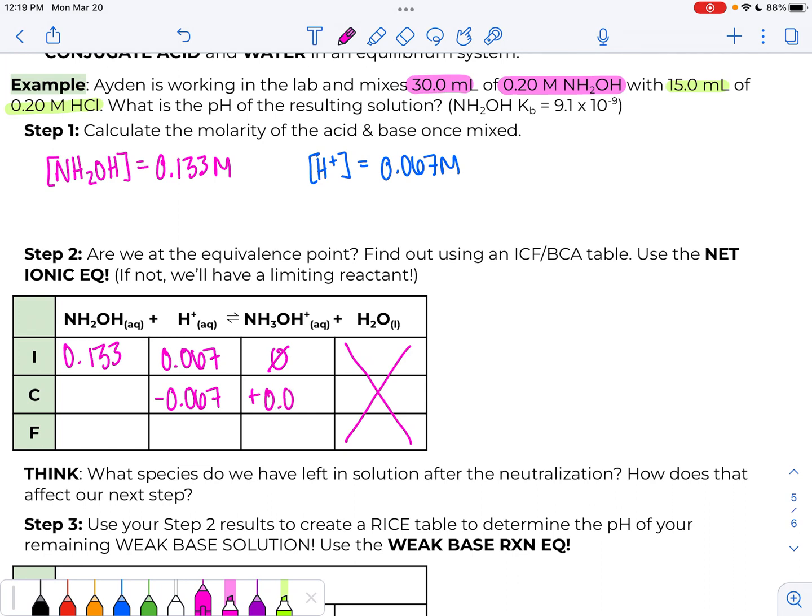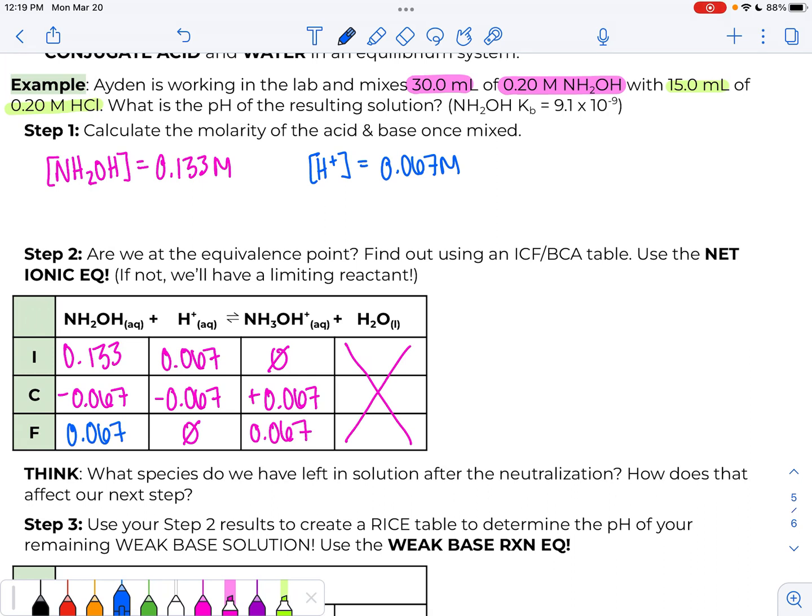So if this is going to run out first, we're going to lose exactly that much while gaining exactly that much of our conjugate acid and losing that much of our base. So after the neutralization has occurred, how much base will we have left over? 0.067 molar.